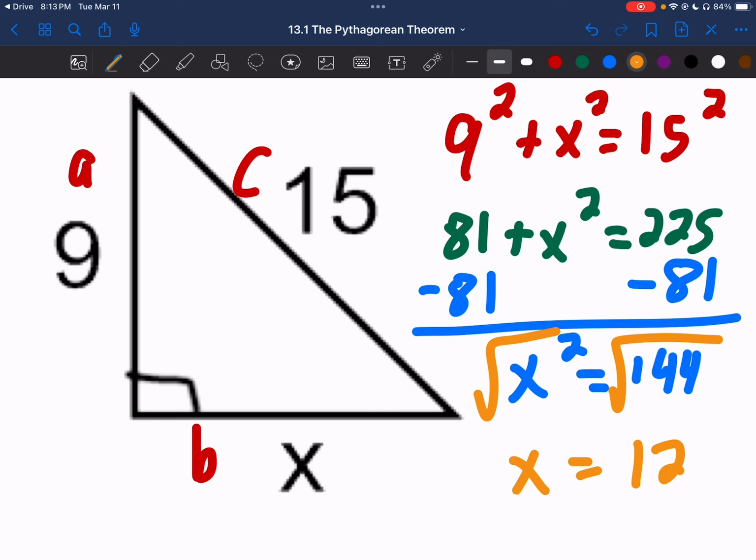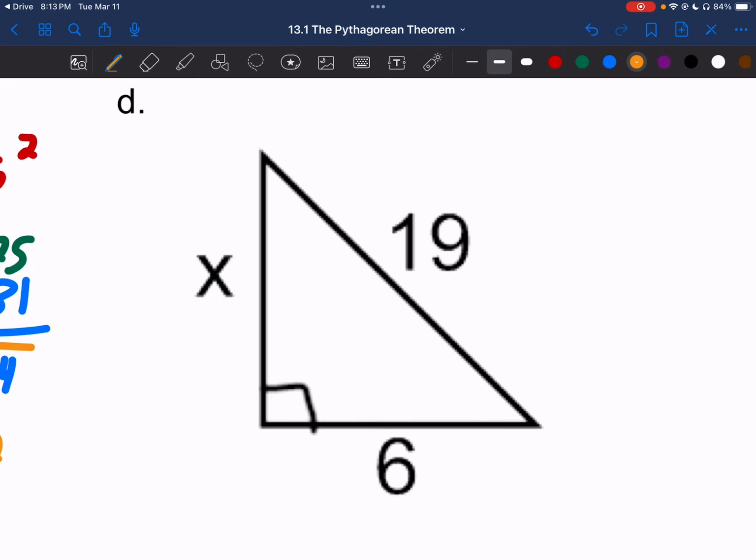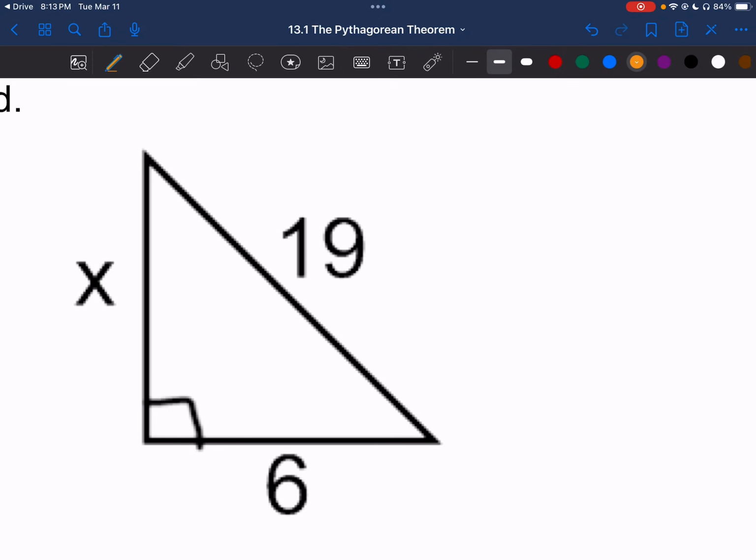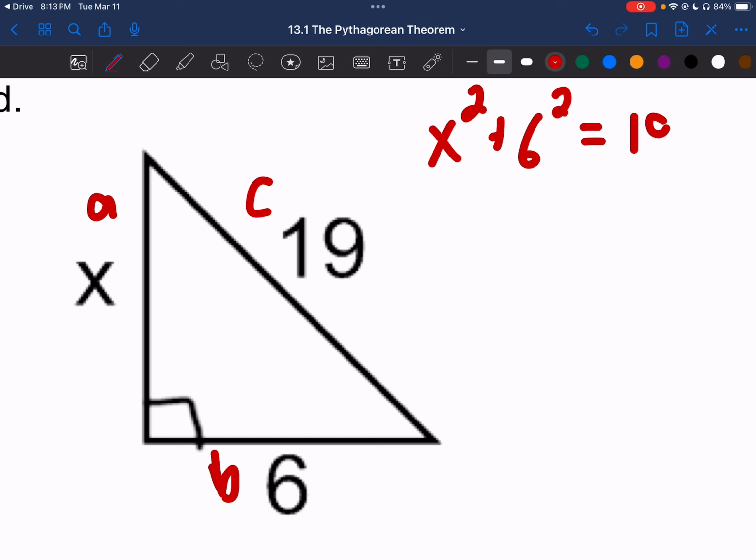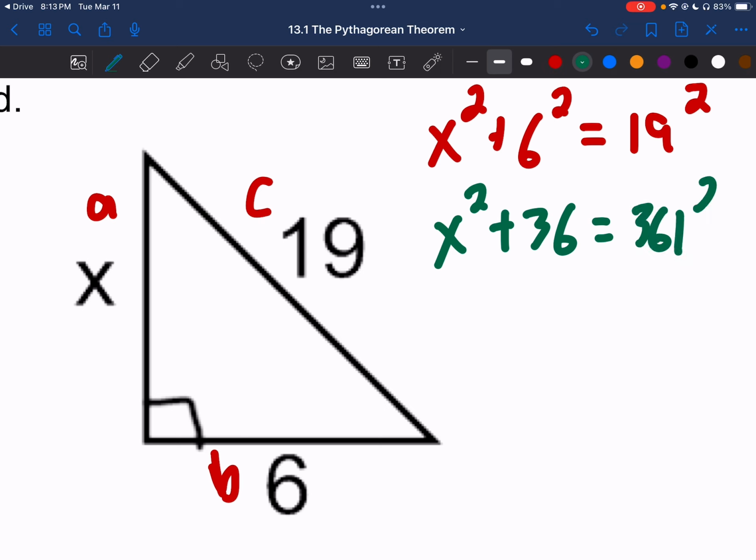All right, letter D. We have an A value is unknown, B value is 6, and our C value is 19. So our unknown x squared plus 6 squared equals 19 squared. 6 squared is 36, and 19 squared, again, one you probably don't have in your memory right away, is 361, and it's not squared, it's just 361 because we already squared it.